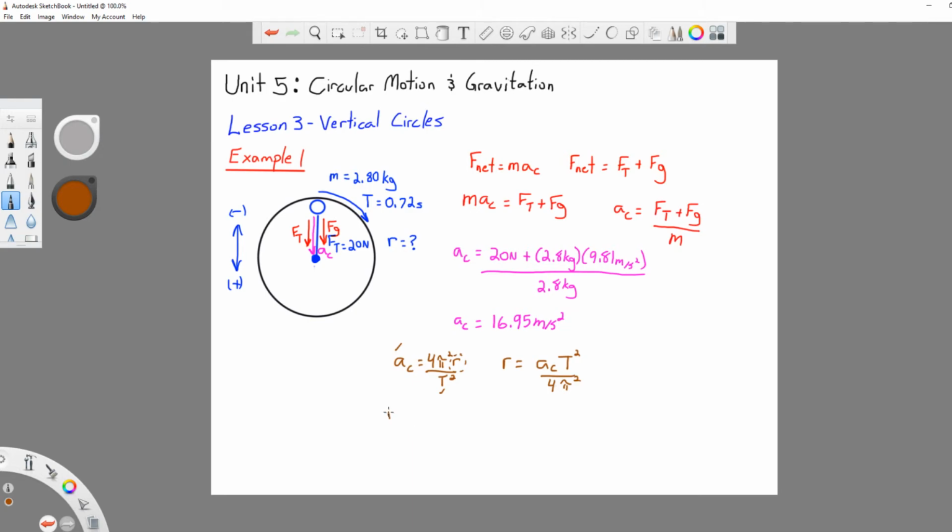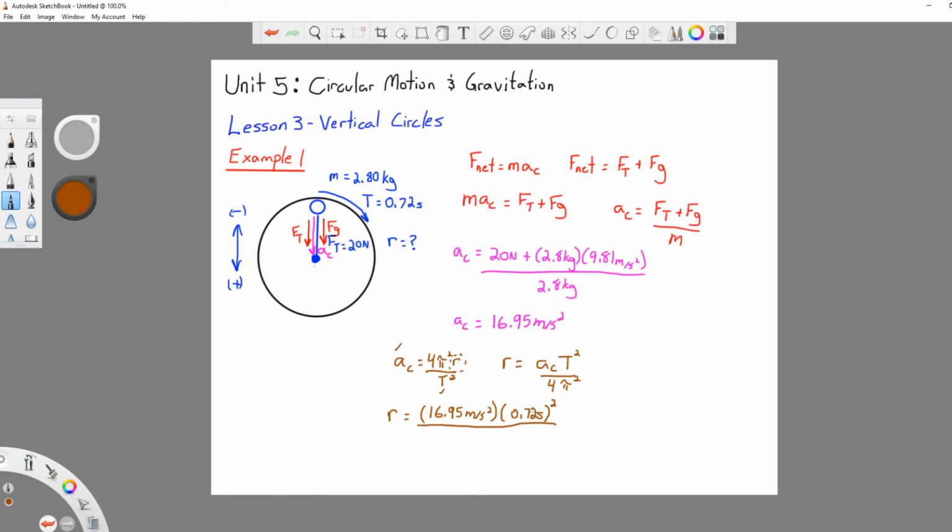So radius is going to equal our AC, so 16.95 meters per second squared, times the period squared. That is 0.72 seconds squared. And don't forget that squared sign. These squared signs, they get people. They get them all the time. And it blows when you lose part marks on a test because you just forgot a silly square sign.